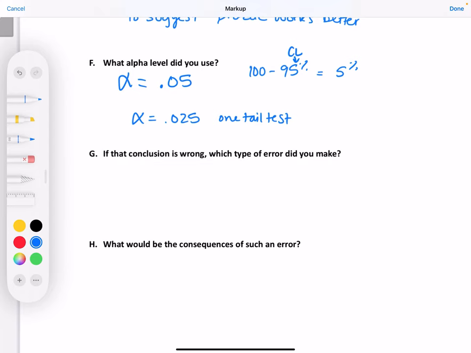It's type 2. So a type 2 error, because we failed to reject, but we should have rejected, because the null was false.